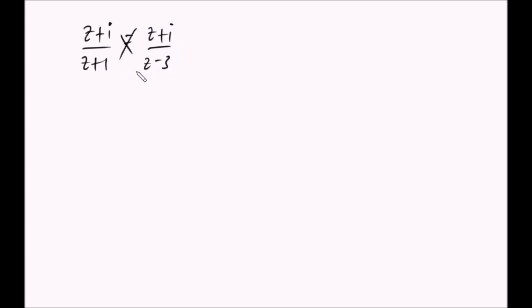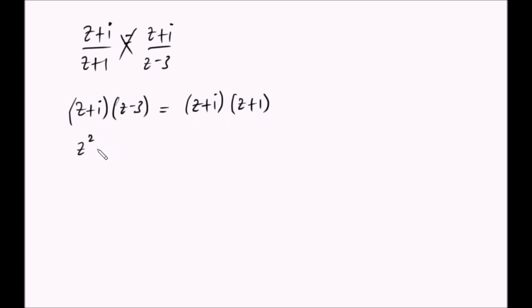So I cross and multiply and I got Z plus i times Z minus 3, and Z plus i times Z plus 1. So I multiply and I got Z squared minus 3Z plus Zi minus 3i. Then on this side I got Z squared plus Z plus Zi plus i.